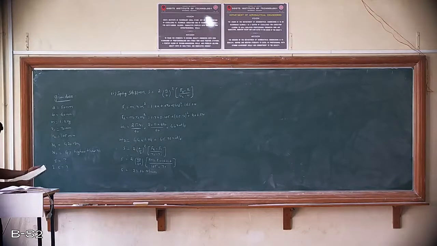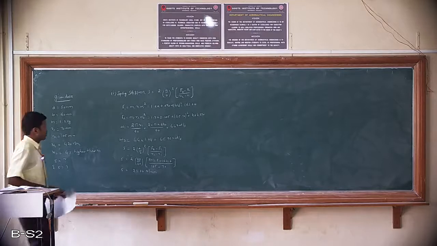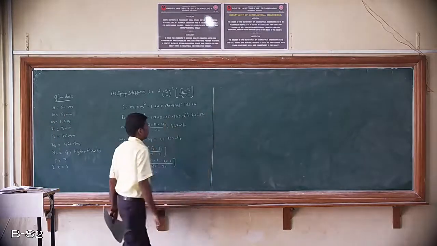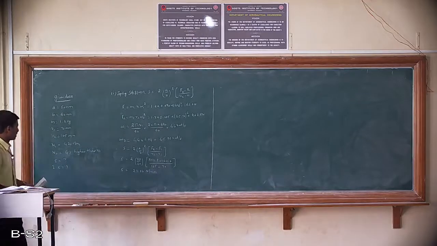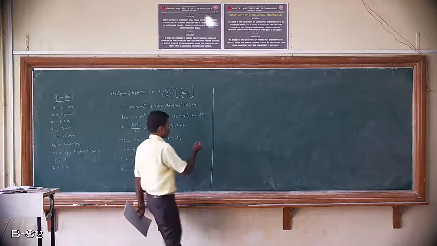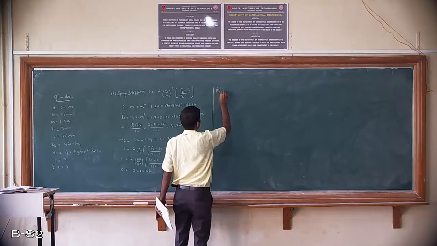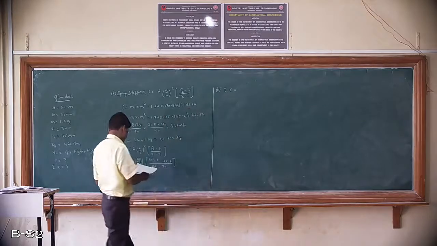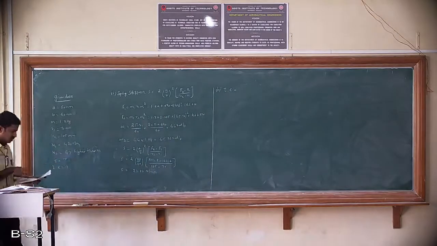Yes. The next thing is the second question. Let us go for the second question. What is asked in the second question? They have asked us to find out the initial compression. So what is the equation to calculate the initial compression?